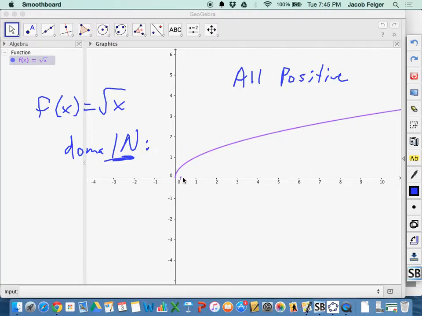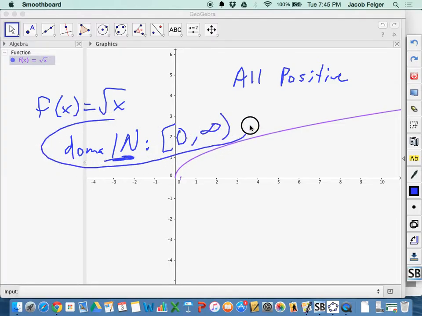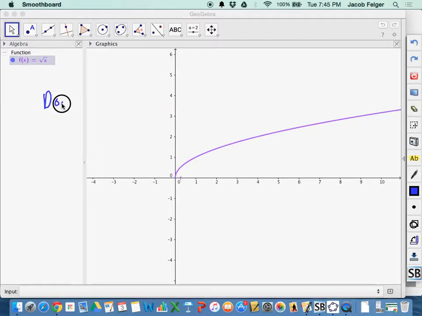So in interval notation, we would say it includes 0, because we can do the square root of 0, right? That'd be 0. And it goes up through positive infinity. That would be our domain. Sorry, I'm writing kind of sloppy. So our domain is from 0 to positive infinity. You remember the curvy thing is for the infinity? Okay, what's our range then? The same. Yeah, it'd be all the y values, and it'd be the same thing. Good. So that'd be from 0 up to positive infinity.